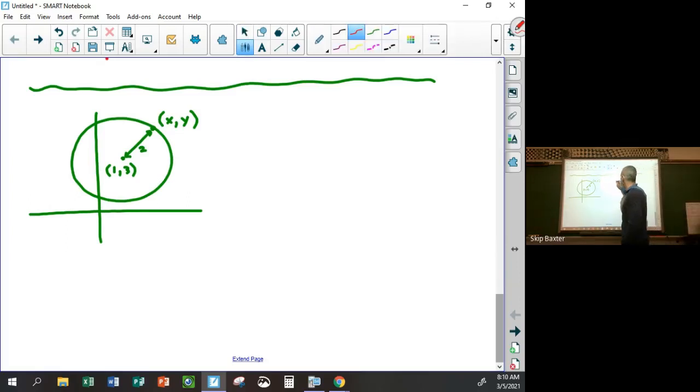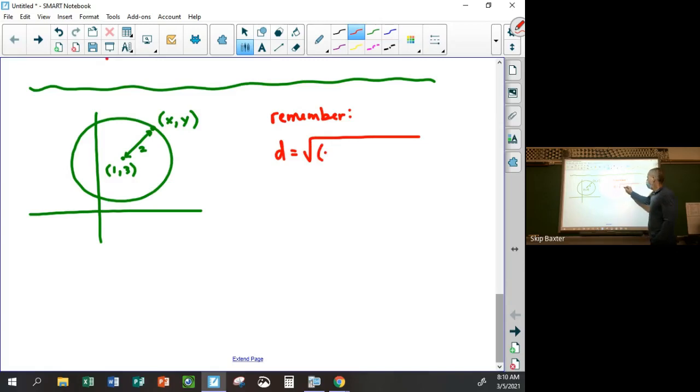Remember, the distance formula is, this is from the first week of school, the square root of x1 minus x2 squared plus y1 minus y2 squared. Do you remember that? It's the square root of the difference of the x values squared plus the difference of the y values squared.